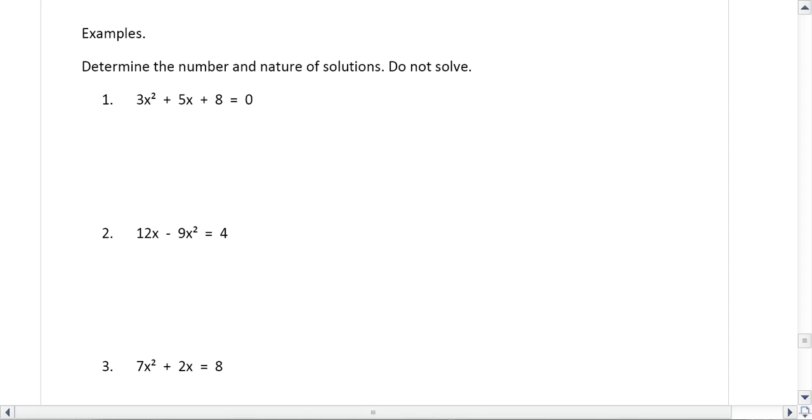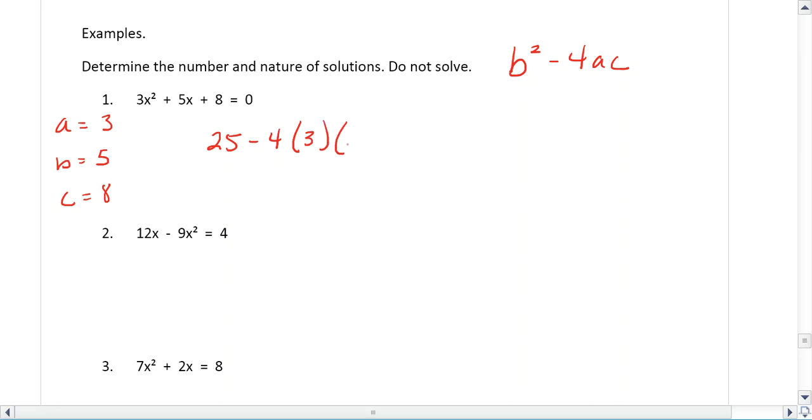So we just need to look at the discriminant, which is b squared minus 4ac. So you need to find that for each of these. Of course they have to be in standard form in order to pull out the a, b, and c. A is 3, b is 5, c is 8. So b squared is 25 minus 4 times 3 times 8.